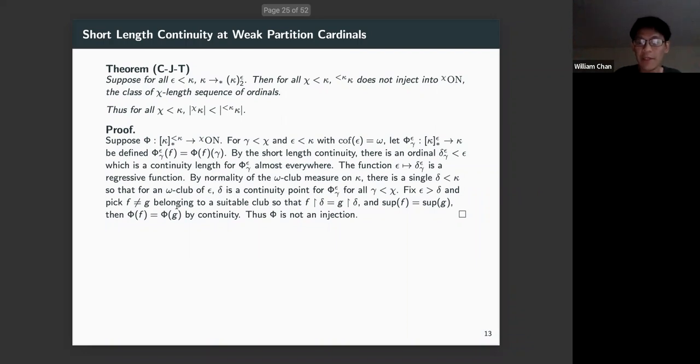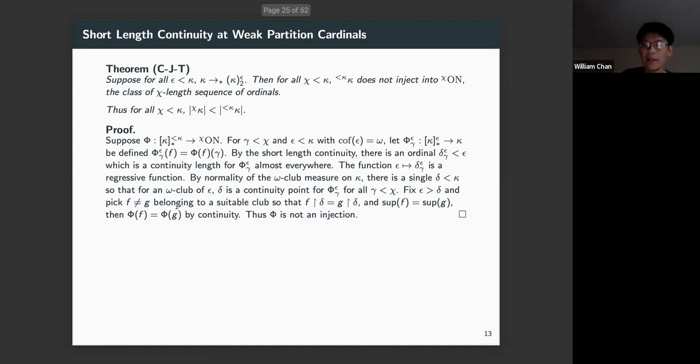For each epsilon of cofinality omega and each gamma less than chi, let phi epsilon gamma from kappa to the epsilon into the ordinals be defined by phi epsilon gamma of f equals phi of f at gamma.